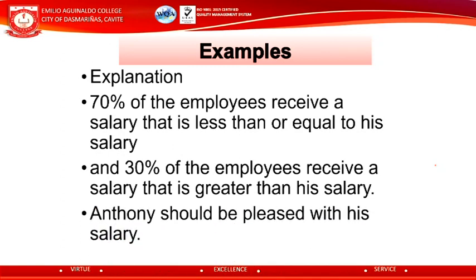So, our conclusion, Anthony should be pleased with his salary since mas mataas naman yung salary niya than doon sa 70 other employees, or pwedeng the same lang with 70 other employees. It means that his salary is not the smallest. So, he should be pleased with his salary.